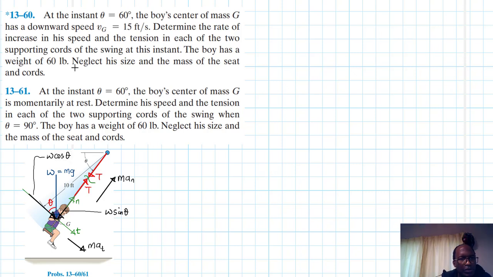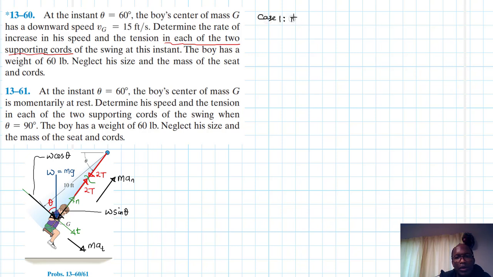Let me make mention that the cables are two. This is what I said: for each of the two supporting cords. So the cables are two here, so we'll say 2T.